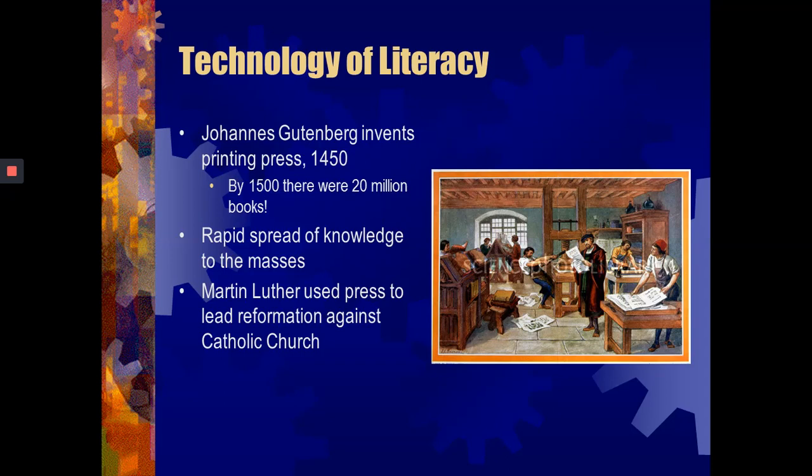And as the technology improved with the passage of time and was able to churn out more and more books and pamphlets and so on for cheaper and cheaper prices, that gradually filtered its way down to the working classes, or back in the period of history we're looking at, around the 1400s and into the 1500s, down to the peasants, who also started to want to be able to read.